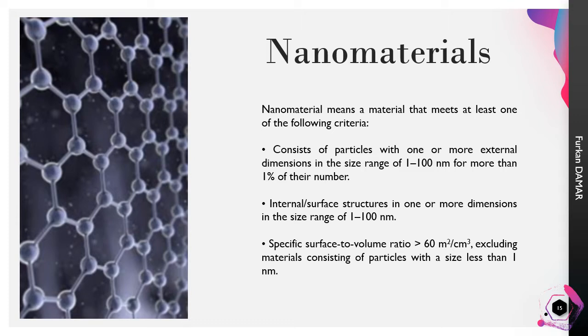The other is internal or surface structures in one or more dimensions in the size range of 1 to 100 nanometers. And the last one is a specific surface to volume ratio higher than 60 square meters per cubic centimeter, excluding materials consisting of particles with a size less than 1 nanometer.